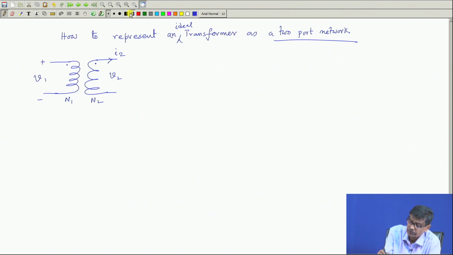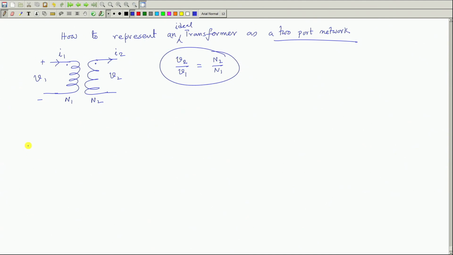2-port network. So, I2 and this is I1. Let us write the direction, it is my choice. If you write like this, then we know that V2 by V1 is equal to N2 by N1, is it not? This is one equation.